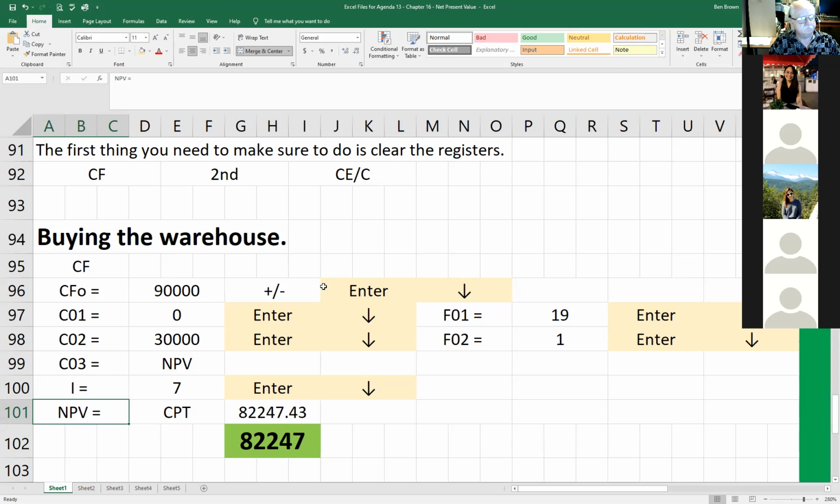Could you kindly show it as when I arrive at CO3, I don't see NPV. Oh, no, you don't see it on your calculator. You just have to hit the NPV button. All right, I'll try it once again. Thank you. NPV means net present value.